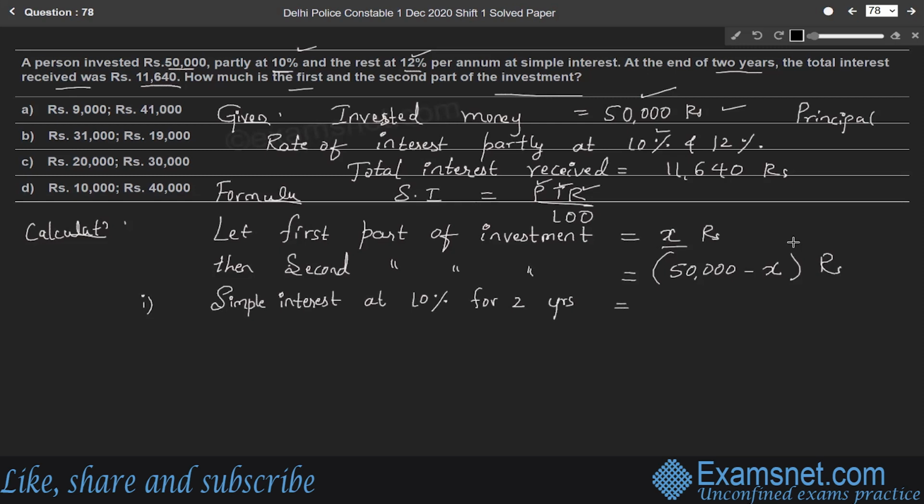Principal amount is X rupees, time period is 2, rate of interest is 10%, divided by 100. So 20 by 100 X, in other words, X by 5.